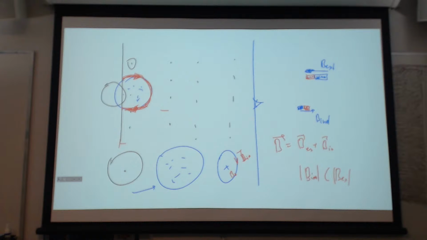North and north should repel each other. This is the magnet that represents the loop that is entering, and this is the magnet that represents the external field, and they repel, so the force should point like that.